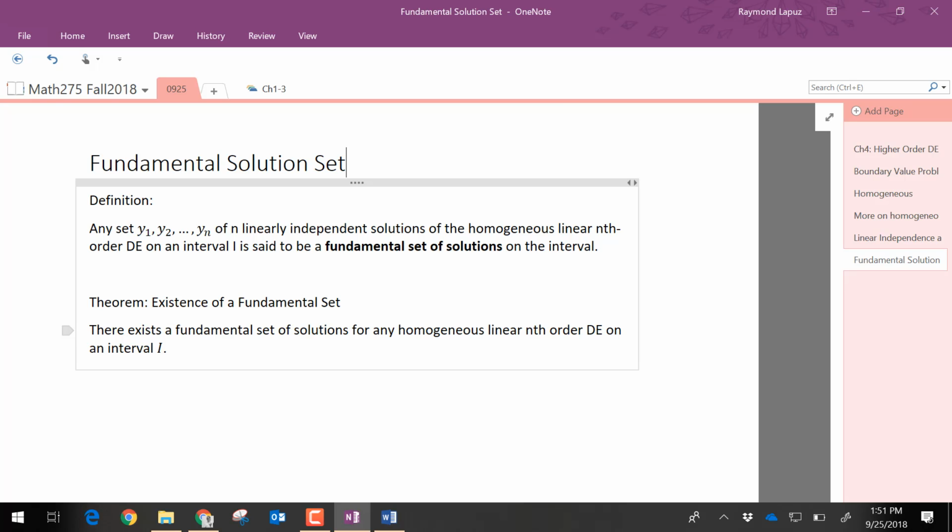If they're dependent, then what we're saying is that they're essentially the same function.